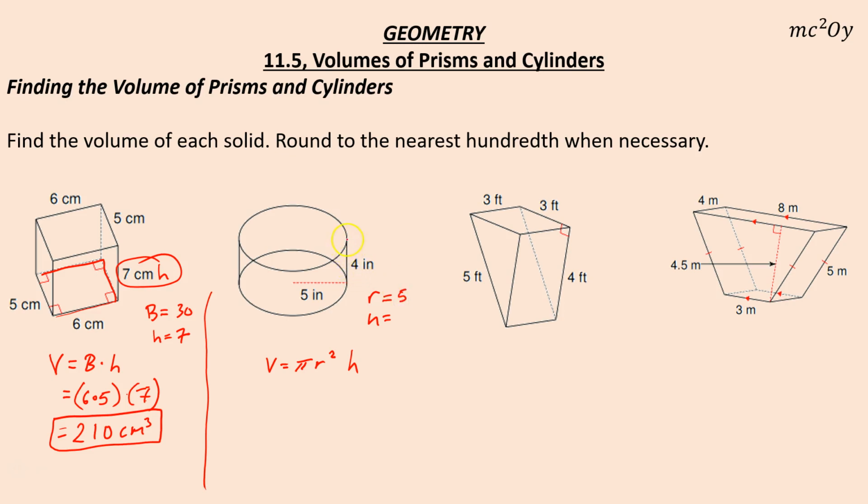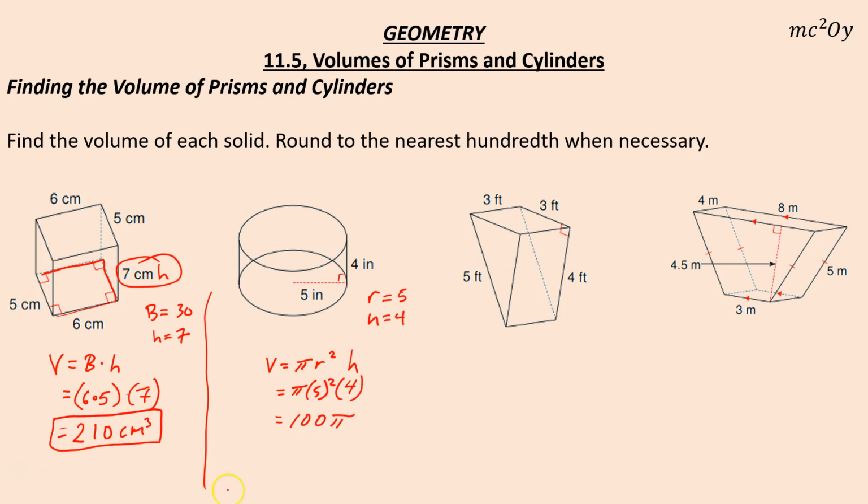So the radius will be 5. And we're going to assume this is a right cylinder, meaning it intersects down here at a right angle. Okay, and that's a 4. So we're looking at substituting those values in. This is 5 squared times height of 4. That's going to give me 25 pi times 4, or 100 pi.